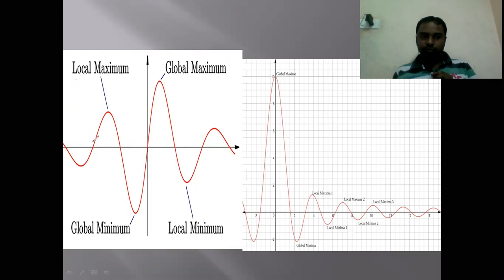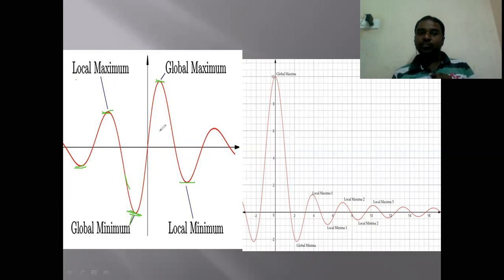Just look at this graph. These we call minimum values, and these two we call maximum values. Out of all these three minimum points, whichever is the lowest value, that we call the global minimum.